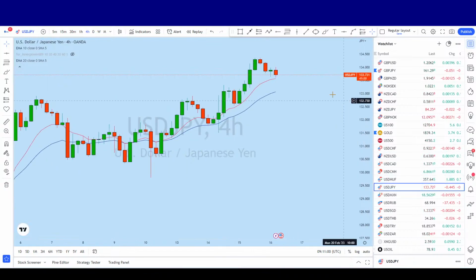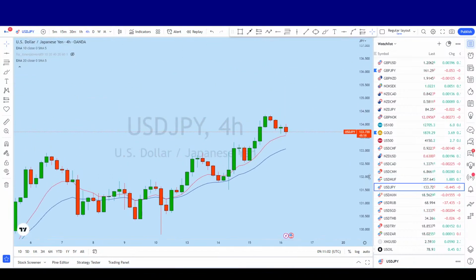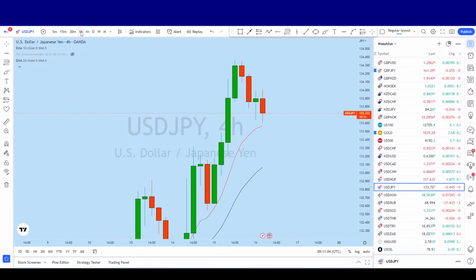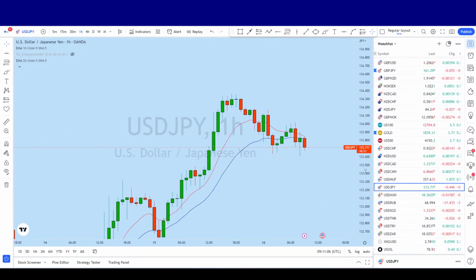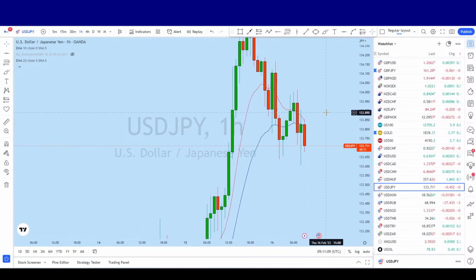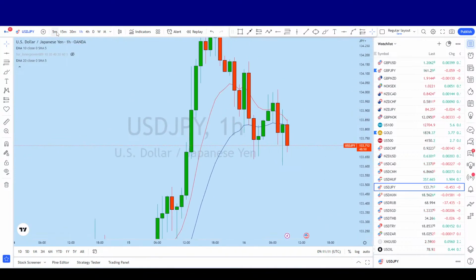First, let me look at dollar yen. We see that from that level I was thinking to sell, it just has started to drop. So we didn't take the trade.